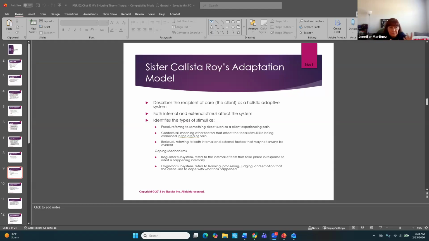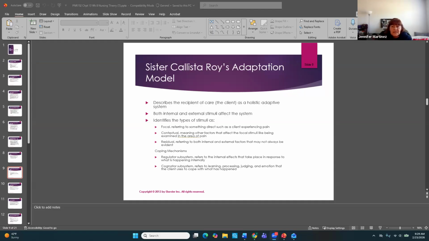And so no matter what, when we look at the regulator subsystem, the body is attempting to regulate the system, even though it's being affected negatively. And that is how we have those negative feedback systems, right? The body is always trying to resort to homeostasis. It's always trying to get us back to a homeostatic place, regardless of what is going on.